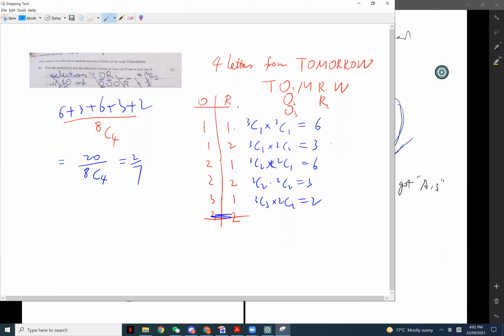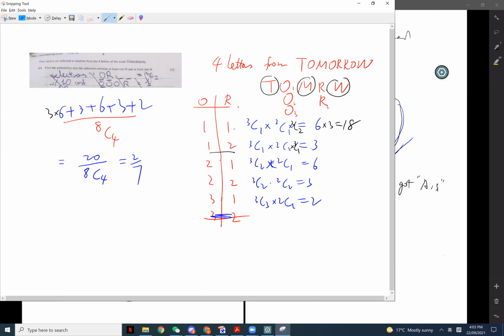Sam, not finished. You need to choose another one to make 4. You need to choose from here, here, here to make 4 letters. 3C2 times by 3, 18. This one you need to choose another one.